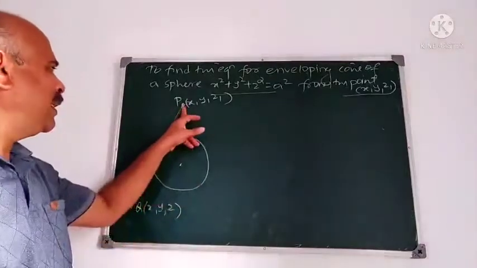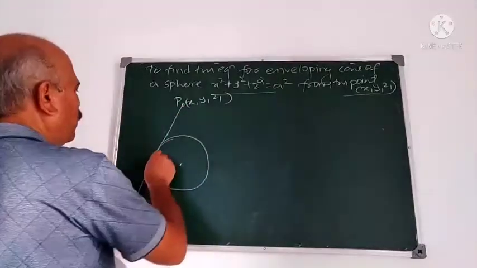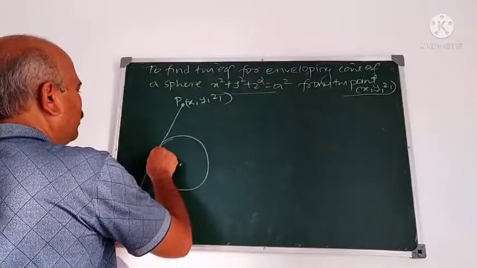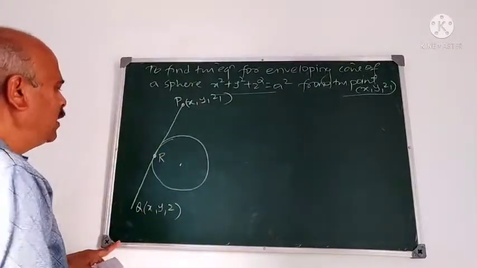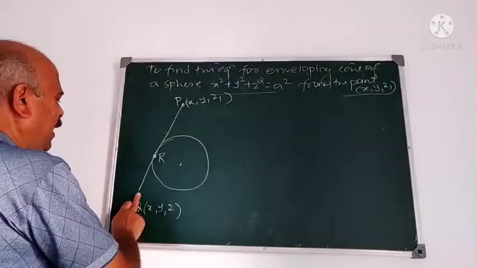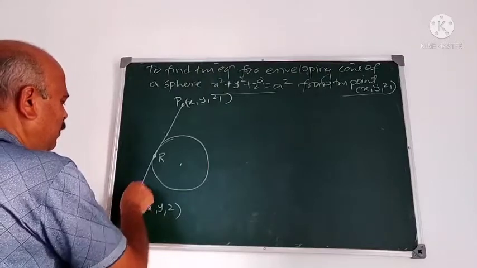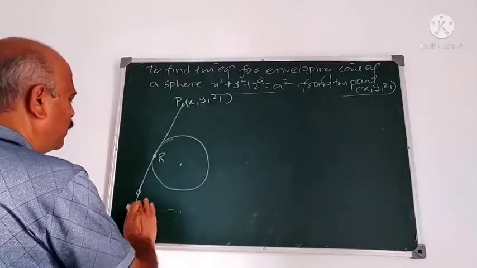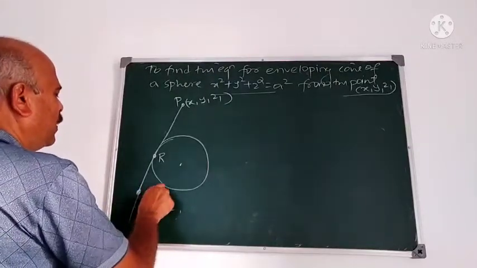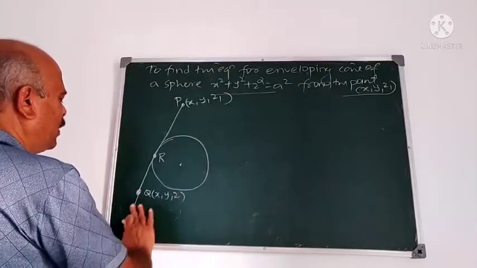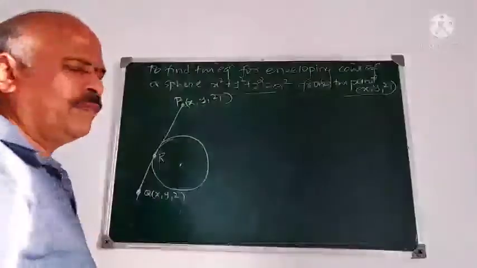Consider a tangent line from P which touches the sphere at the point R, and Q is any arbitrary point on this line. This is Q, (x, y, z), any arbitrary point. Now what is the problem?